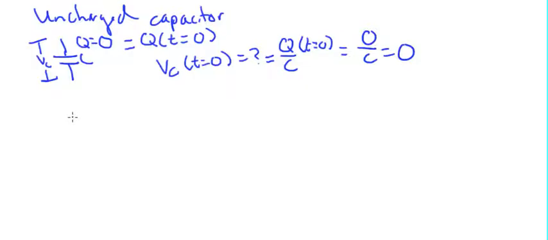One way to write this is to say that initially, the capacitor is just a wire, or in circuit terms, a short. So there's no potential difference across this. So V sub C is equal to 0. No potential difference, it's a wire or a short.